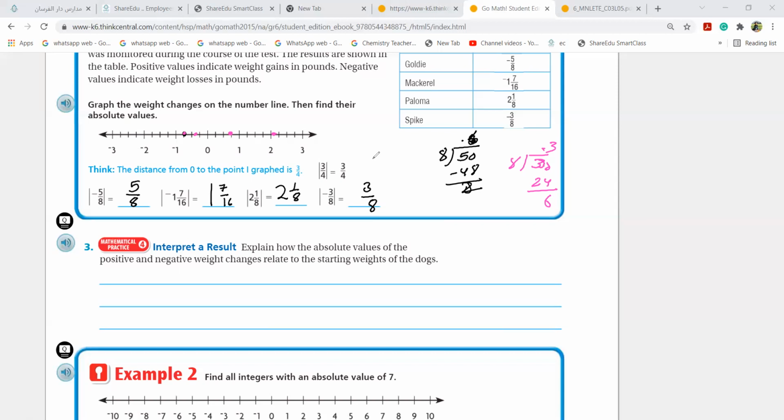Do we also do the example too? Yes, we'll do example 2. Very simple, girls, again.